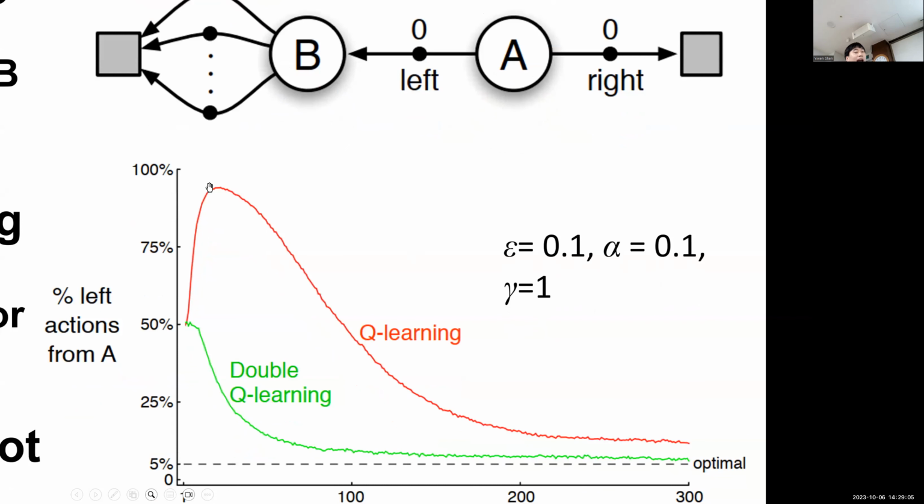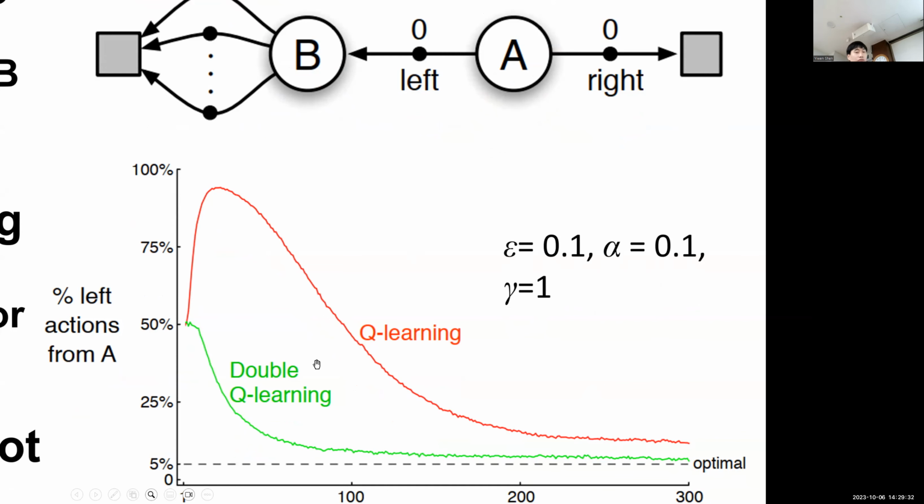But because of this bias, Q-learning will actually try left a lot at the beginning because it has a lot of positive rewards. It doesn't know the mean value is minus 0.1. Then after some time, it gradually decreases to a better solution, a better policy.